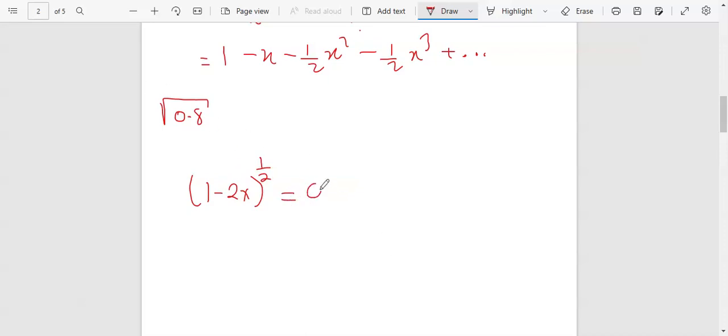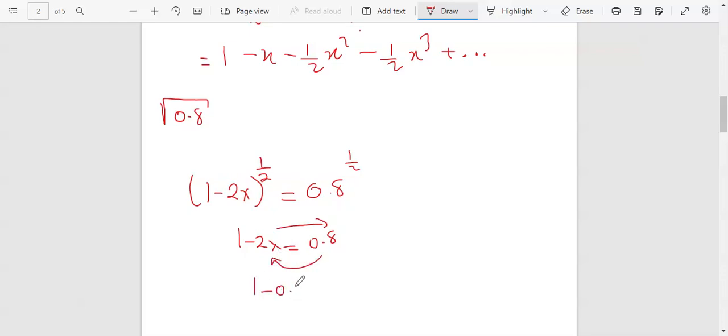Of course, we know that square root means the power half, so this is 0.8 to the power half. But we need to write 0.8 in the form 1 minus 2x, okay? So I'm going to say, since the powers are the same, I'm going to equate the bases. So that will be 1 minus 2x is equal to 0.8. Let me take 2x this side. Let me take 0.8 this side.